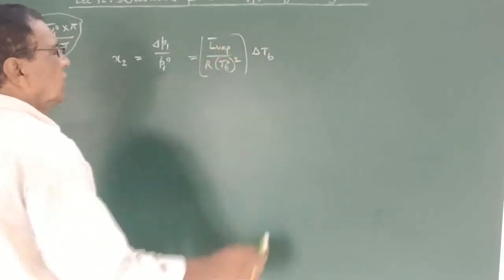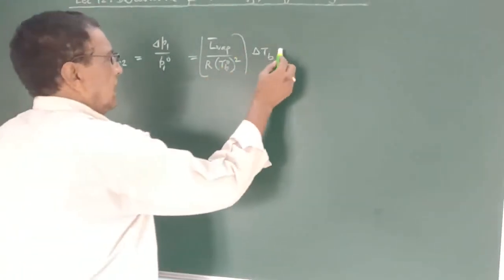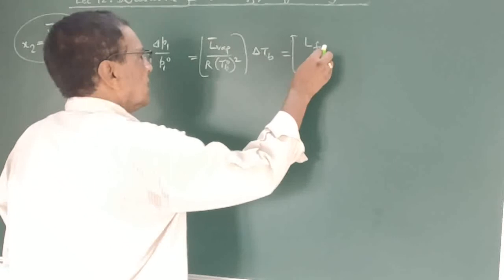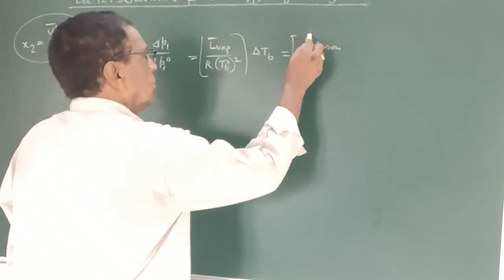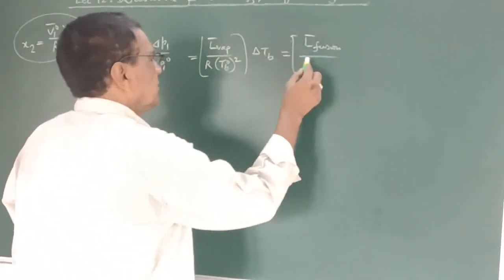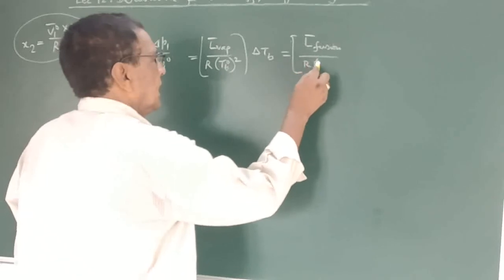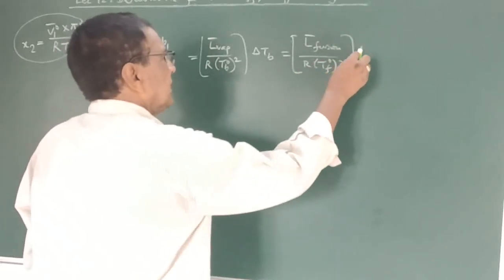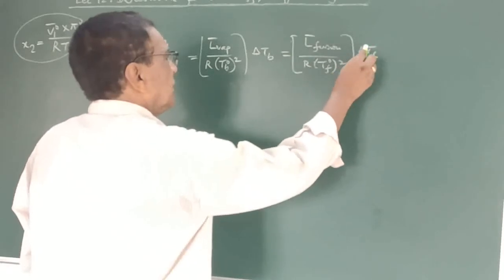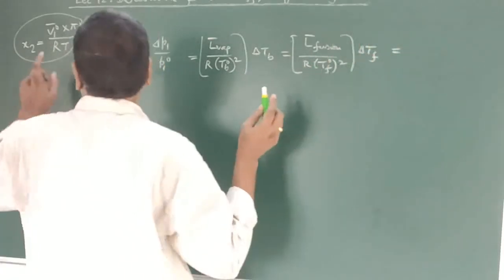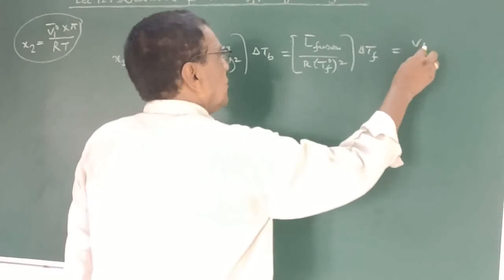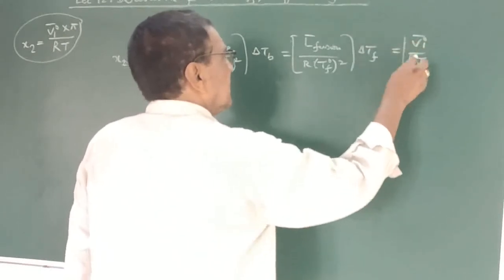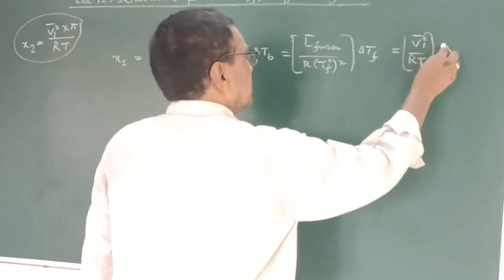This is another colligative property. It also equals L fusion, the molar latent heat of fusion, divided by R and TF naught square into del TF, the freezing point depression, and this also equals V1 naught bar divided by RT into phi.